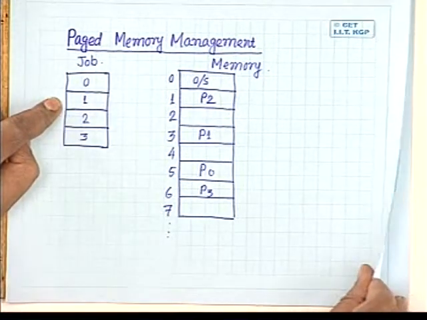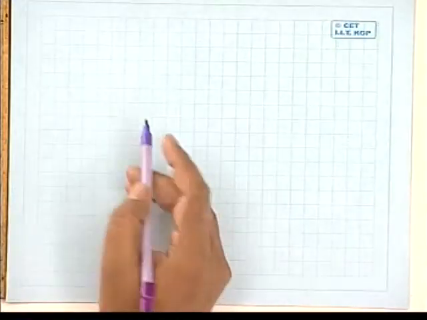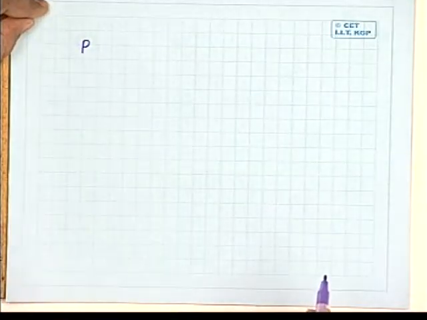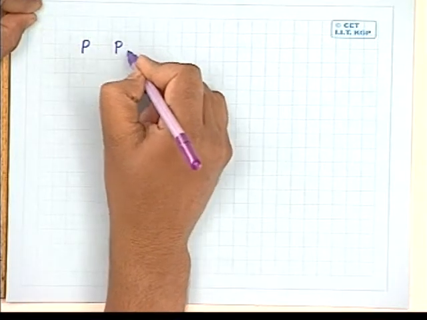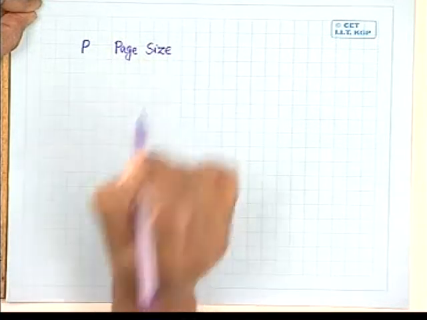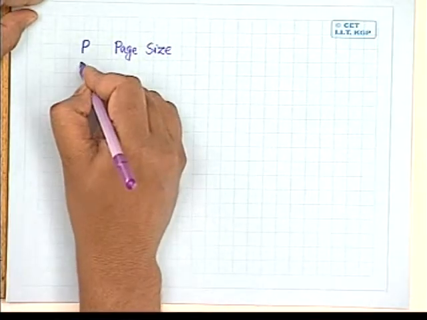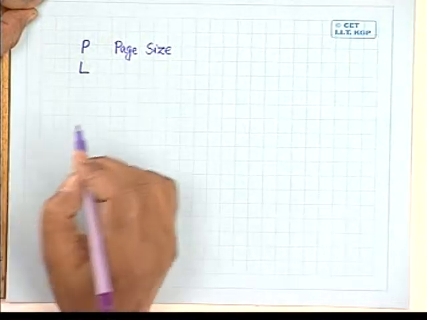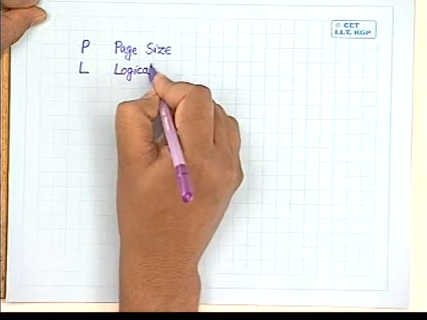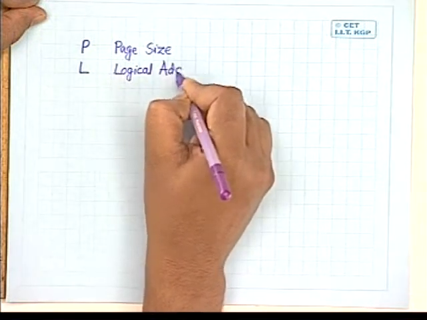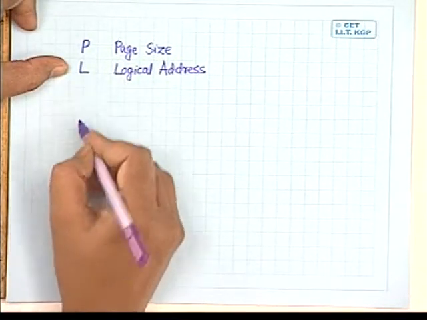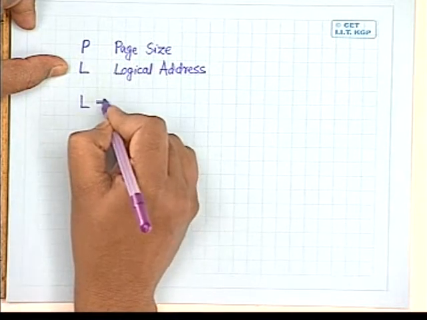So if I assume that every page is of size P bytes, this is the page size, and the CPU generates a logical address L, then this logical address has to be broken into two components.